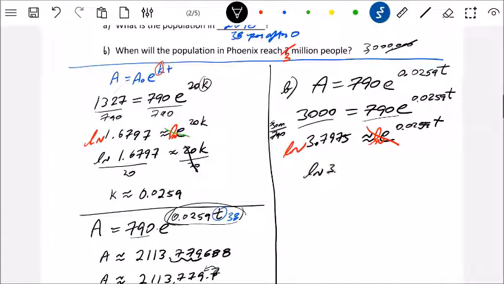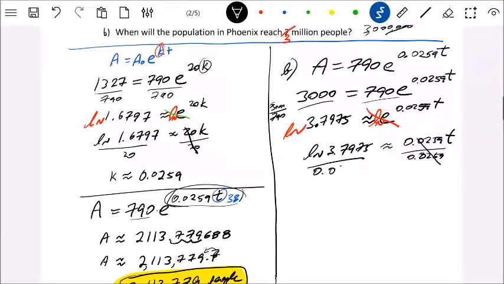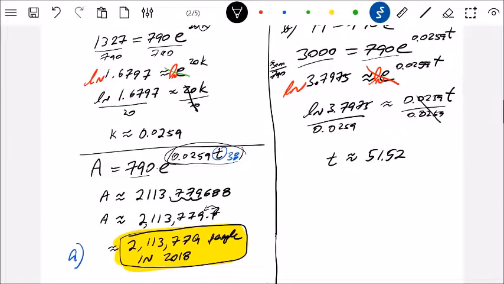So we have natural log of 3.7975, approximately 0.0259t, and then divide by 0.0259. So t is approximately 51.52. So what we have to do is go from the year 1980 plus 51 years, 51 and about a half years.